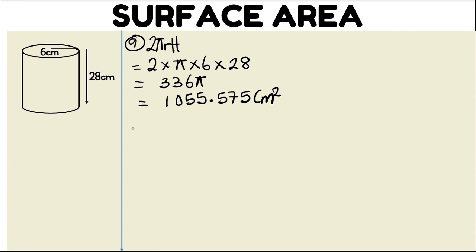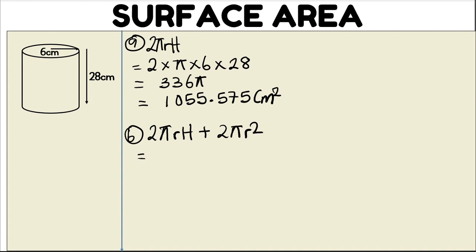Then the second question asks us to find the surface area if the cylinder is closed at both ends. And the formula for that will be 2 pi rh plus 2 pi r square.